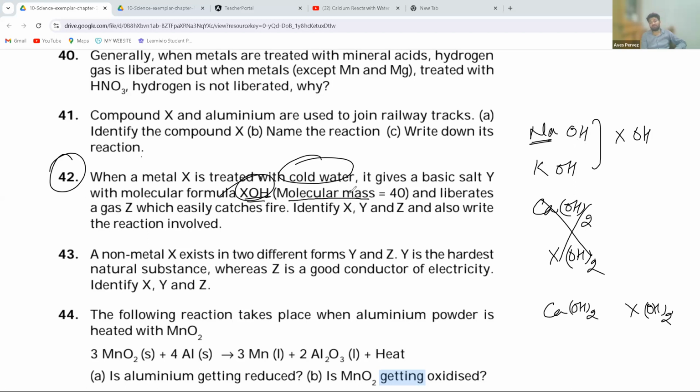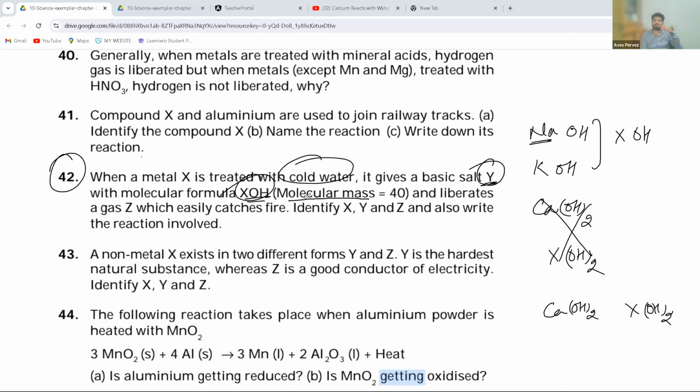It says that when it reacts with water, it gives a compound Y, which is a base with molecular formula XOH and a molecular mass. The molecular mass belongs to Y, not X. Why is it sodium hydroxide?